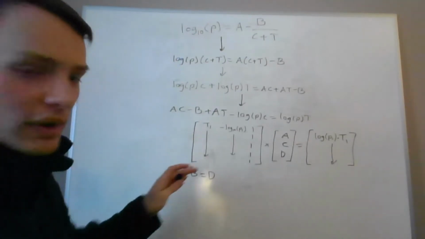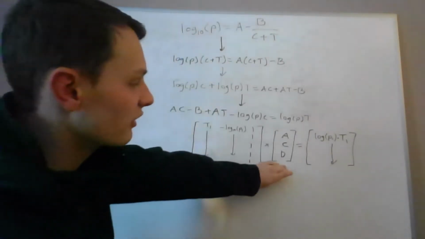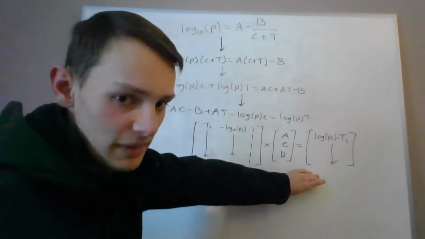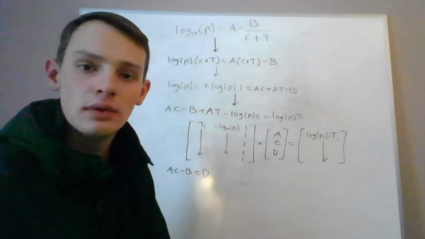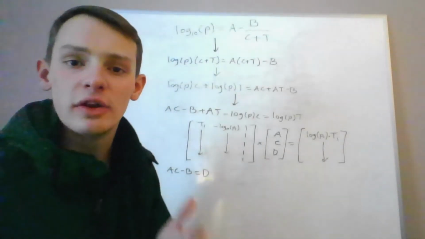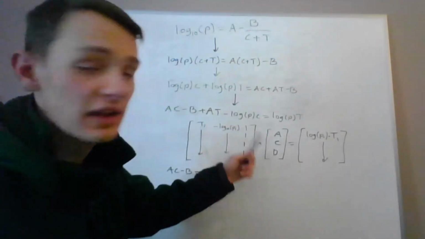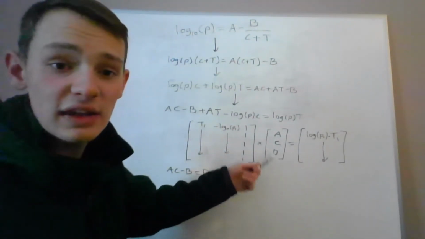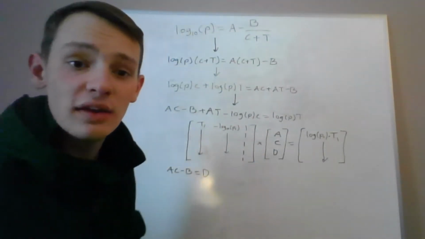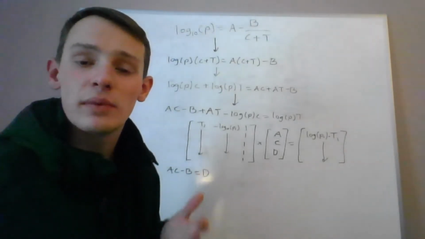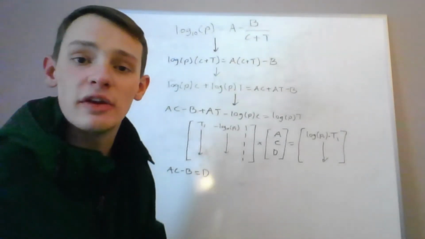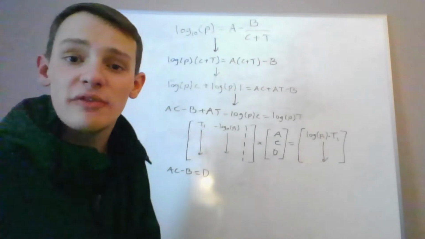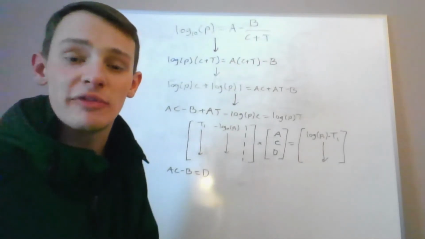So once again, we have our design matrix, our vector of unknown coefficients, and our column matrix of known values. We obtain the three unknown coefficients, A, C, and D, and then use D, C, and A to solve for B, using the same process that we used to find the unknown coefficients M and B for the linear equation that I did before.